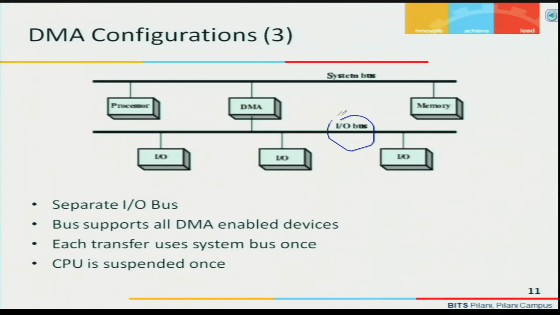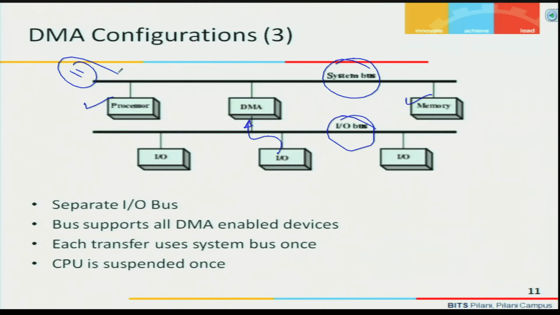A separate IO bus is there, and through the system bus your processor and memory are usually always connected, and the DMA is connected to the system bus and the IO bus. At the time of transferring data from IO to DMA, no system bus access is required, so the system bus can be used by the processor at that moment. So there is no suspension of the CPU.